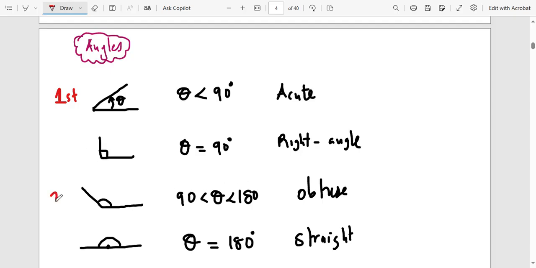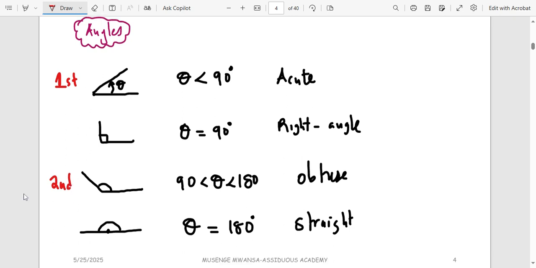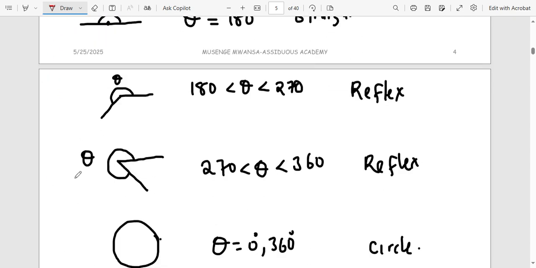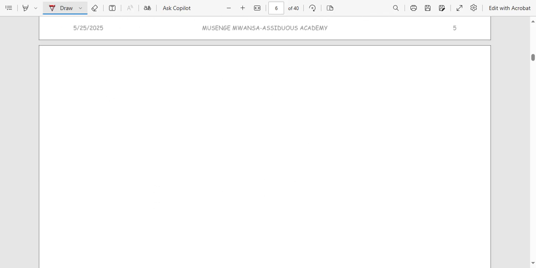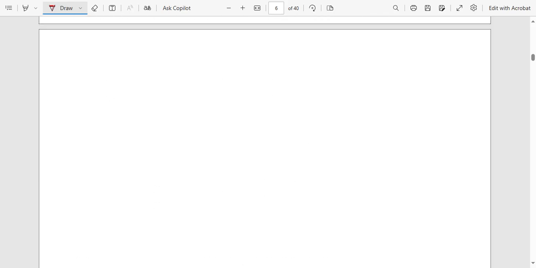An obtuse angle is in the second quadrant. The straight line is between the second and the third. A reflex angle is either in the third quadrant or in the fourth quadrant. That's what I need you to know. So let's talk about those quadrants.